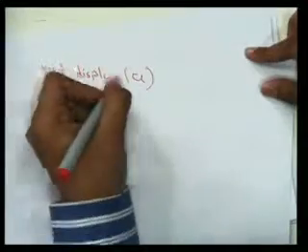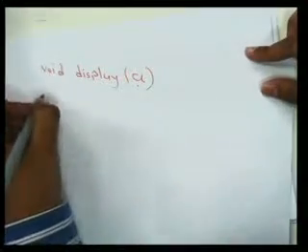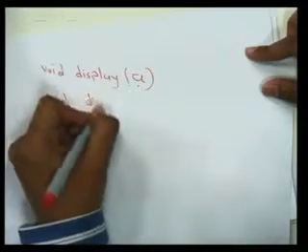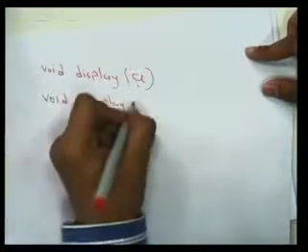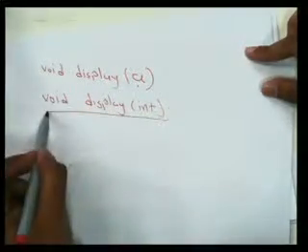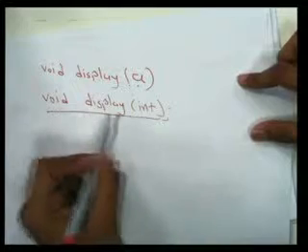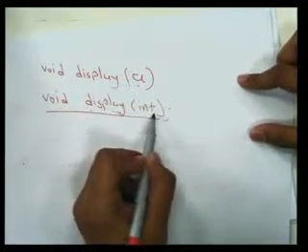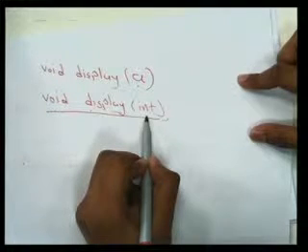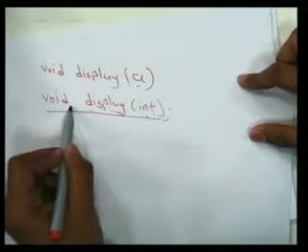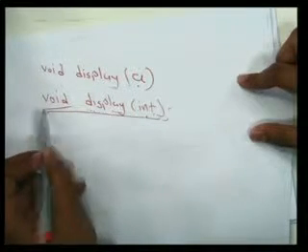This is of type, for example, if I want to make a prototype, display, this means that I am going to use a display function in my program which will have one argument of type integer, and this function will return no value. That means the return type is void.